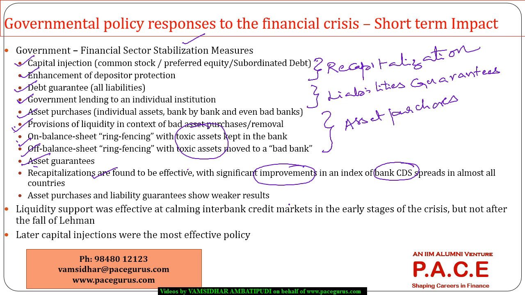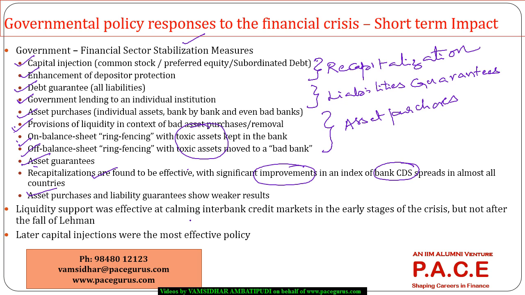So I could see that the recapitalizations were slightly more effective, but neither the asset purchases nor the liability guarantees have shown any kind of good results, which is a clear indicator that these various activities and measures that the government has taken have not yielded any kind of short-term impacts to the financial crisis.